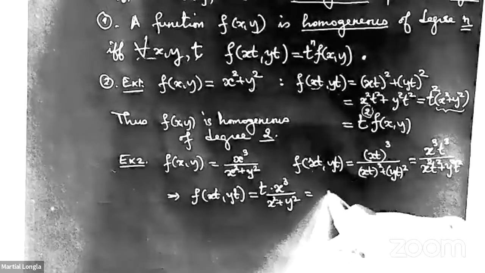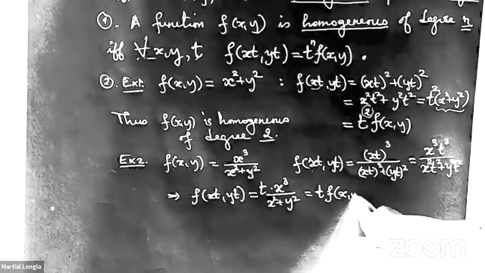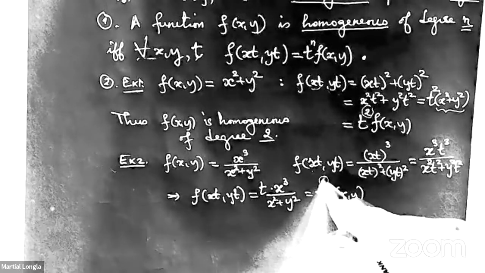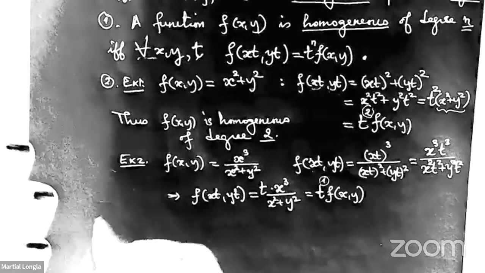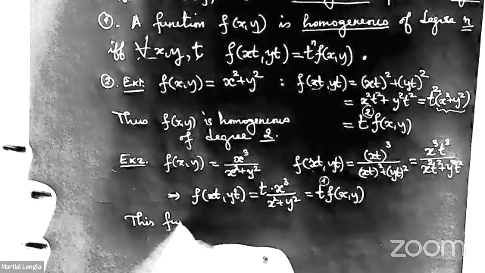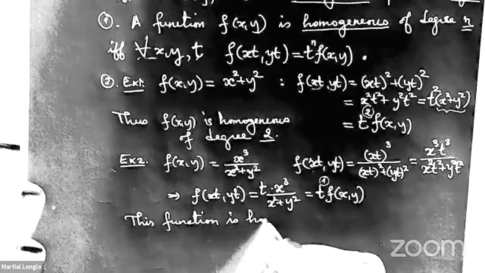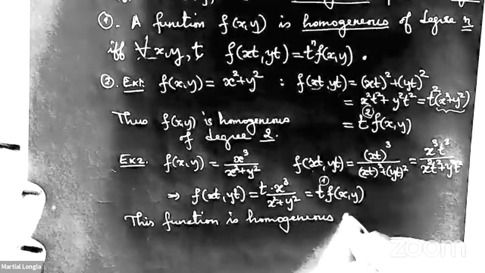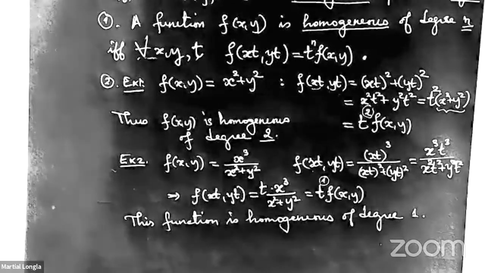And now you can see that this is t f(x,y). So you have a power of t that pulls out, that's t to the power 1. So the degree is 1 and this function is homogeneous of degree 1. All right.